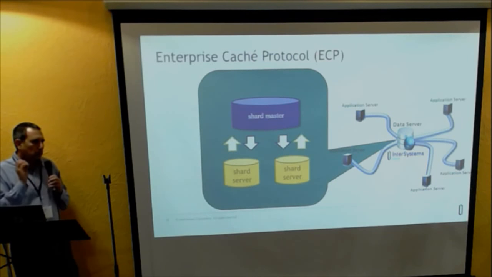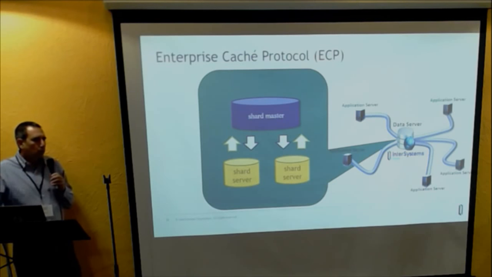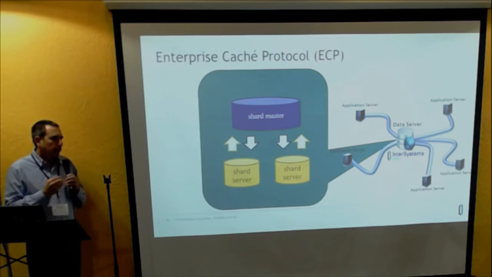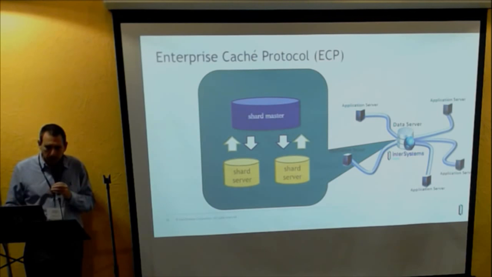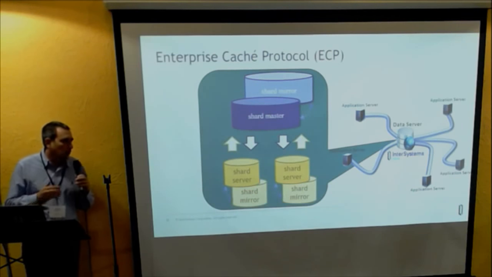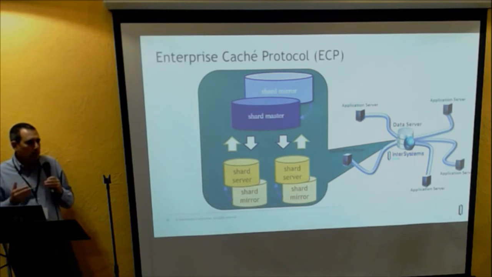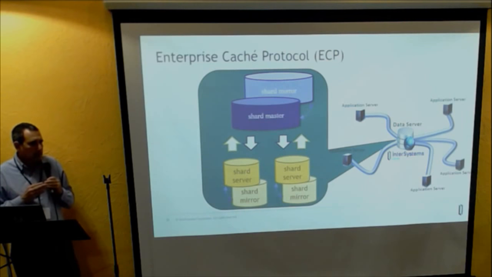So the shard master is our go-to guy that will answer all of our queries, etc. So now you can scale horizontally the data server itself. Now, how do you mirror that? Well, pretty straightforward. Each and every one of those components needs its own mirror. So every change that goes into that data server, into that shard master, etc., gets replicated to a standby server.